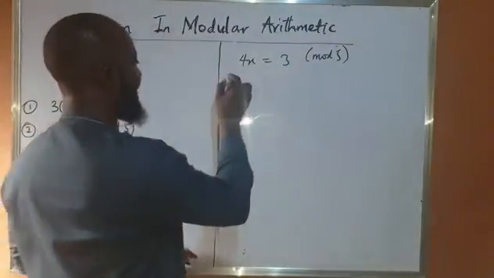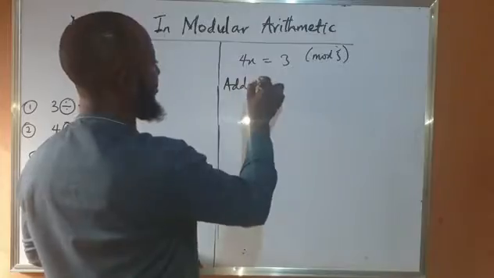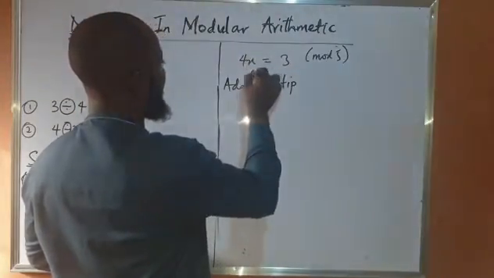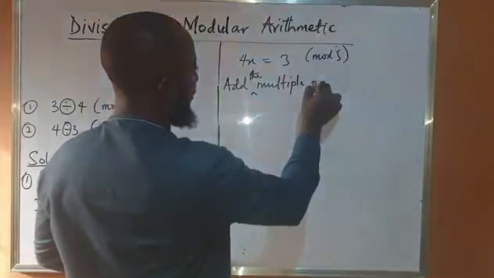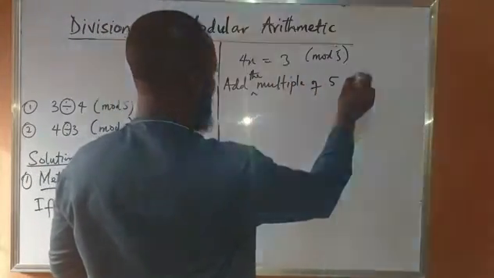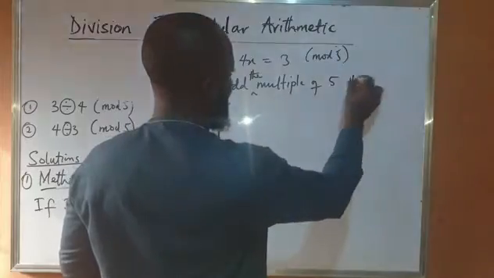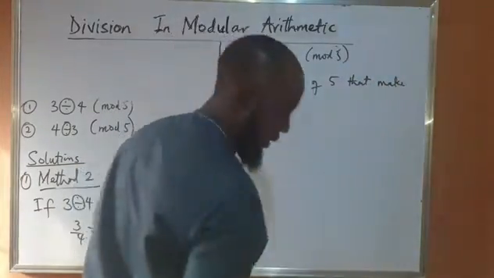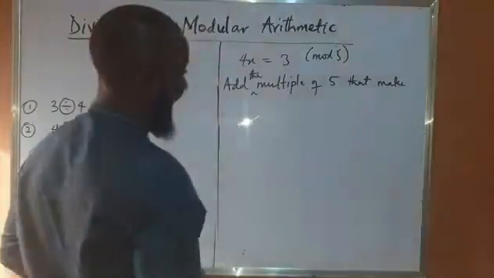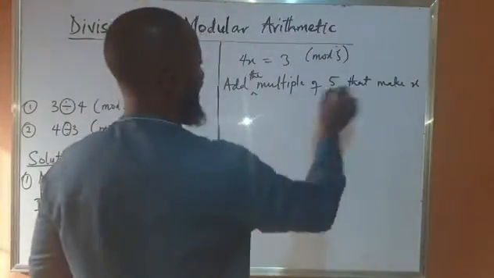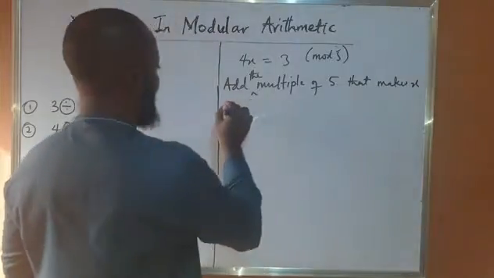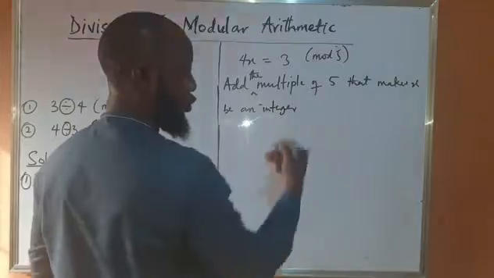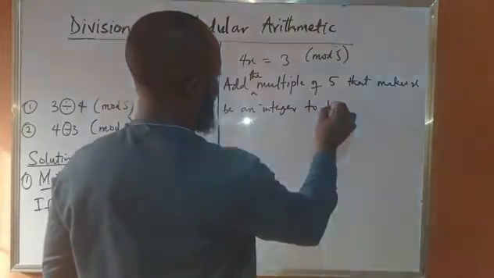So we add the multiple of 5 that makes x an integer, meaning a whole number, to both sides.